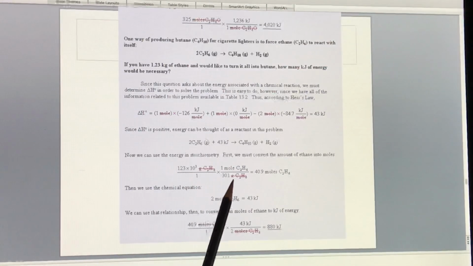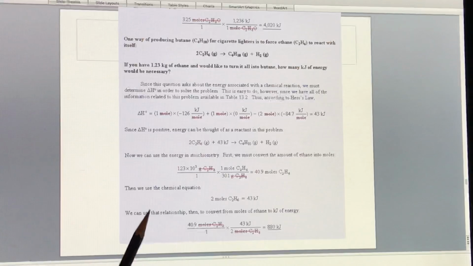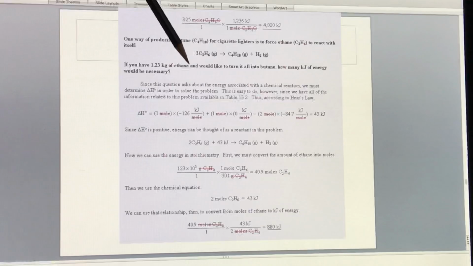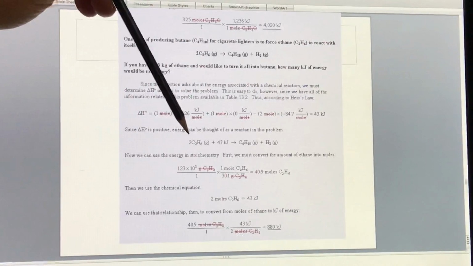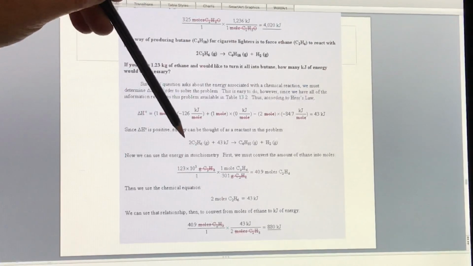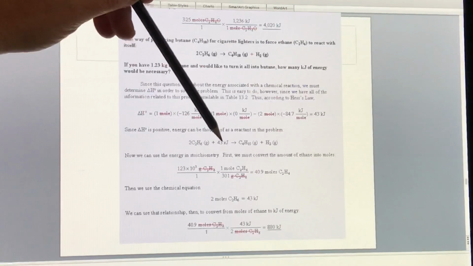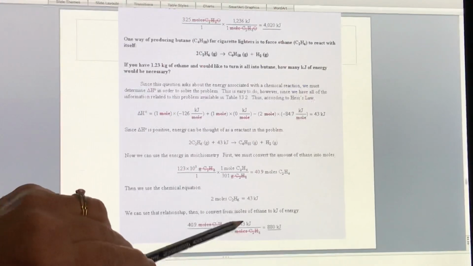That helps to eliminate these units here, and you know you have 40.9 moles of C2H6. Then you look back at your chemical equation, and you see that for every 2 moles of your reactant, you're working with 43 kilojoules.